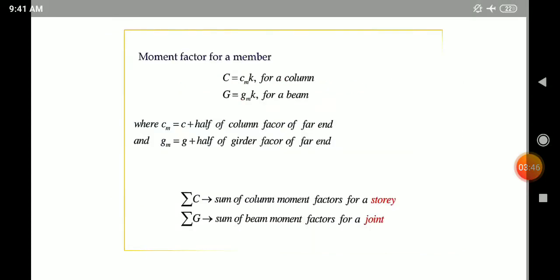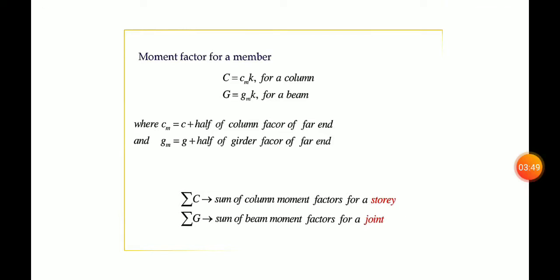Now moving to the next step, the moment factor of a member. The moment factor is Cm into K for a column, and Gm into K for a beam, where Cm will be C plus half of the column factor of the far end, and Gm will be G plus half of the girder factor of the far end. Because the far end carries half of the moment, the factor will also be shared by the far end by half.